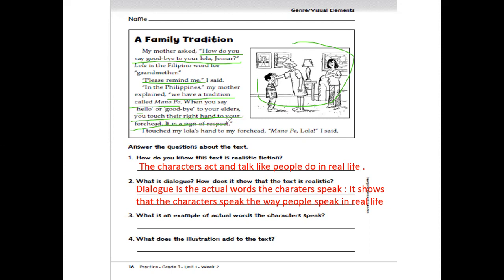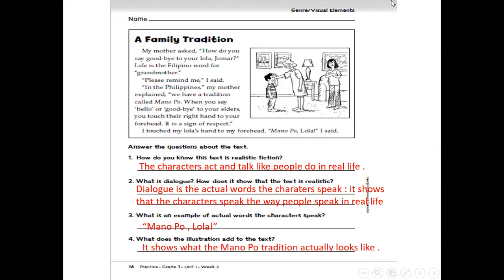He said, I touched my Lola's hand to my forehead and said, Manopo Lola. So let's write the last one here: Manopo Lola, that means goodbye, my grandmother. What does the illustration add to the text? It shows us what the Manopo tradition actually looks like.